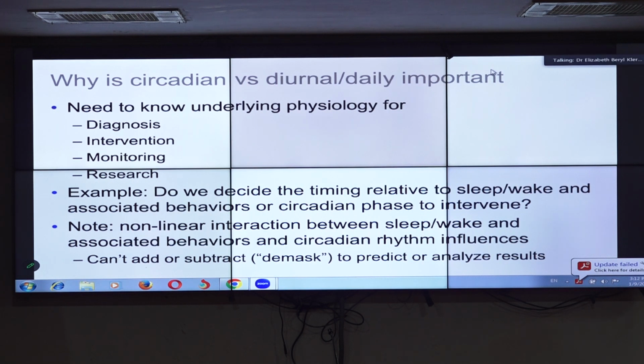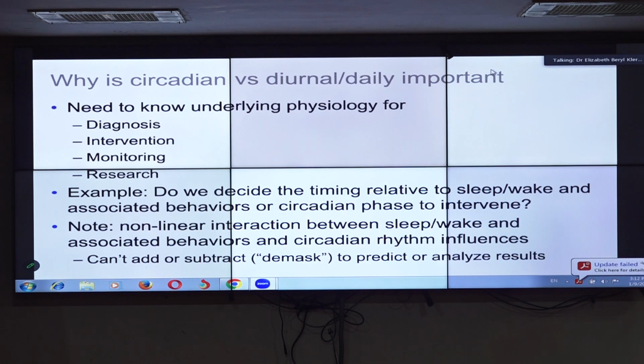So, as I've already mentioned, there's this nonlinear interaction. And so, if we want to time it, I'm hoping I will have convinced you that we don't time it necessarily, if we're trying to do something that's primarily sleep-wake, we could time the intervention relative to sleep and wake, and all the behaviors that are associated with sleep and wake.